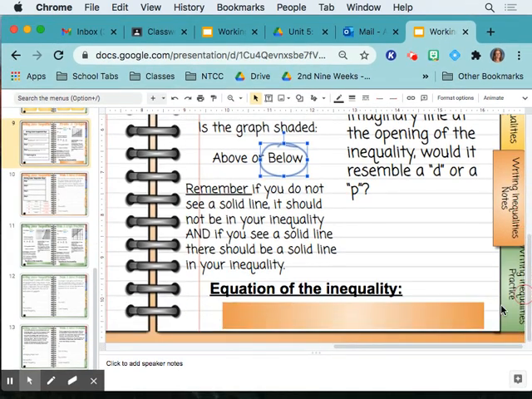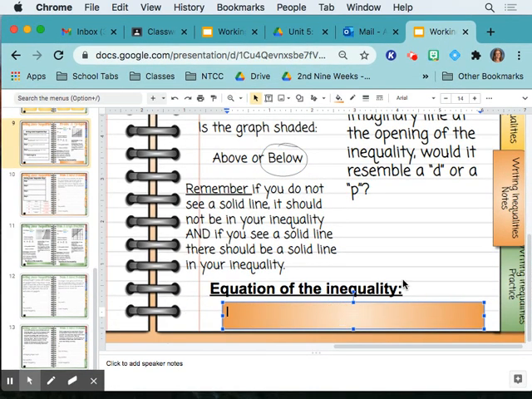So let's write the inequality. Make this bigger. y is less than mx plus b, so y is less than 2/3 x minus 2.